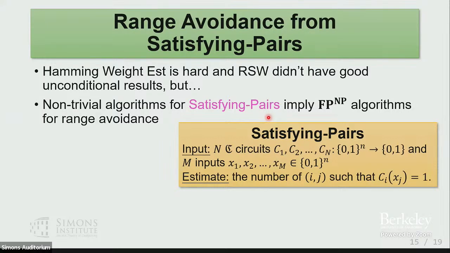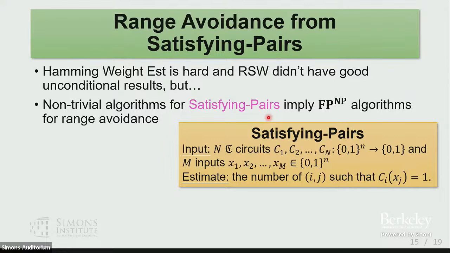The input consists of n circuits and m inputs. For now, think of the capital N and capital M being much larger than circuit size and input size. What you want to do is to estimate the number of pairs ij such that C_i of x_j is 1. You can see that this is in some sense an offline version of Hamming weight estimation.